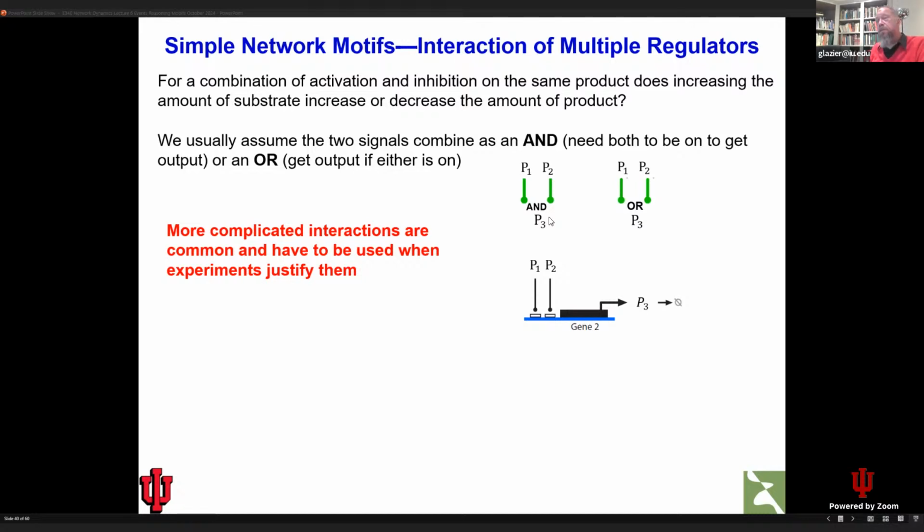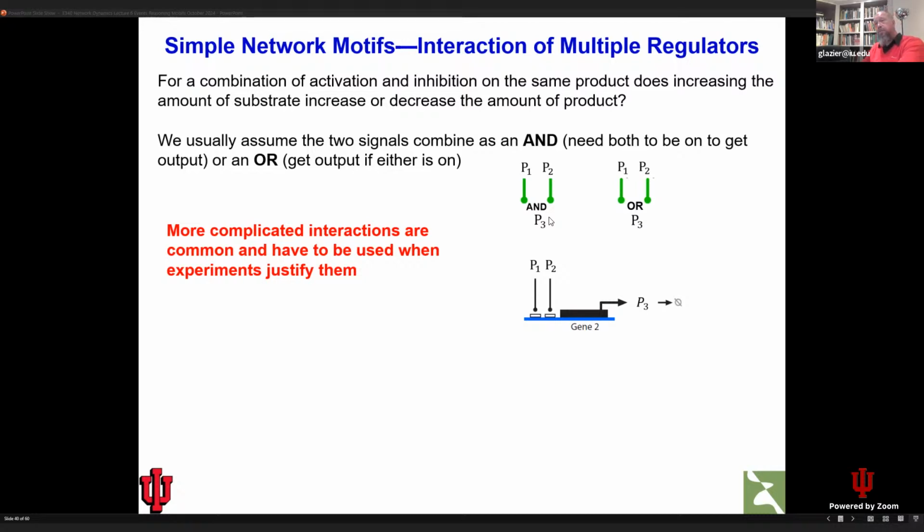The simplest assumption is that these are Boolean, and that we either have an AND logic or an OR logic. If we have P1 and P2, we turn on, but if we only have P1 or P2, we don't. That would be the AND. If we have P1 or P2, we turn on. If we have both, we turn on. That would be the OR.